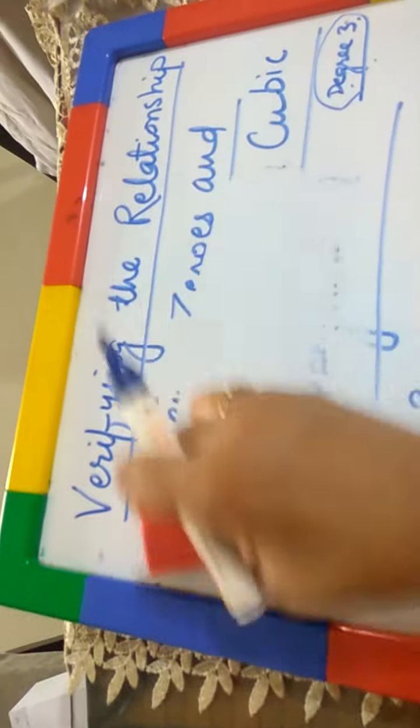Now we will take one specific example. I will take one cubic polynomial and then we will prove the relationship.